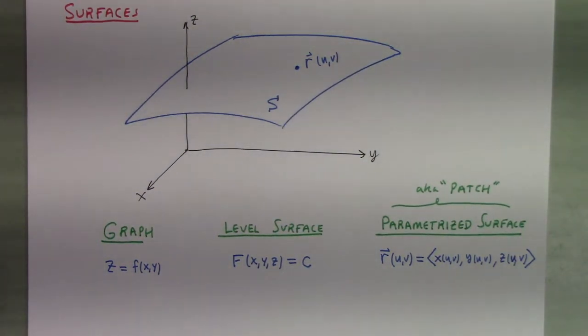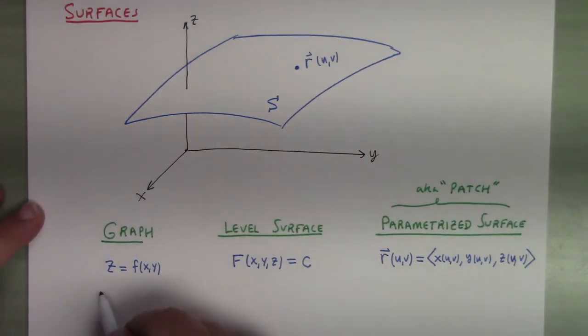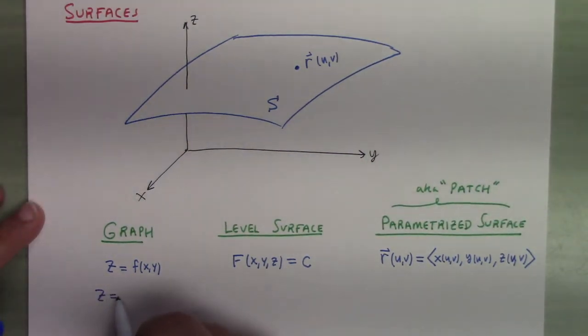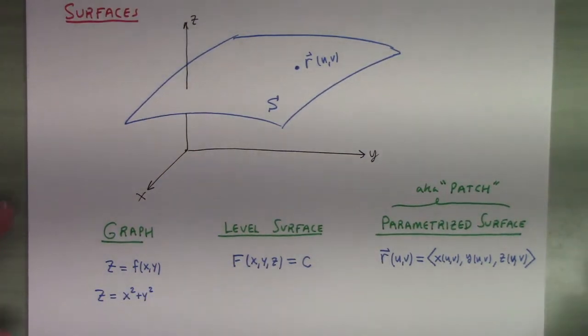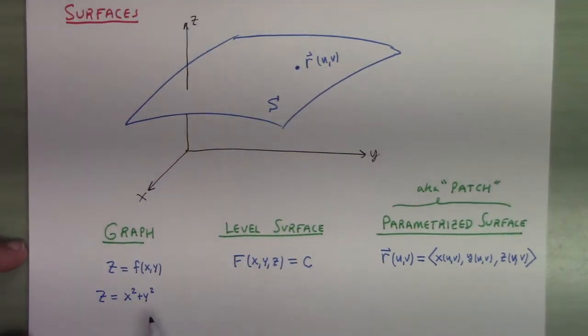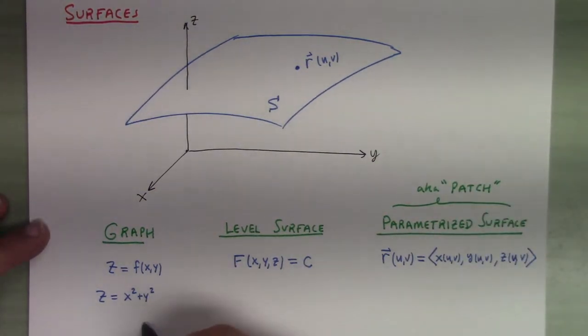I have a laundry list of cool examples in the notes. Let me do just one here right quick. z equals x squared plus y squared. This is what's called a paraboloid. Basically it looks like this.